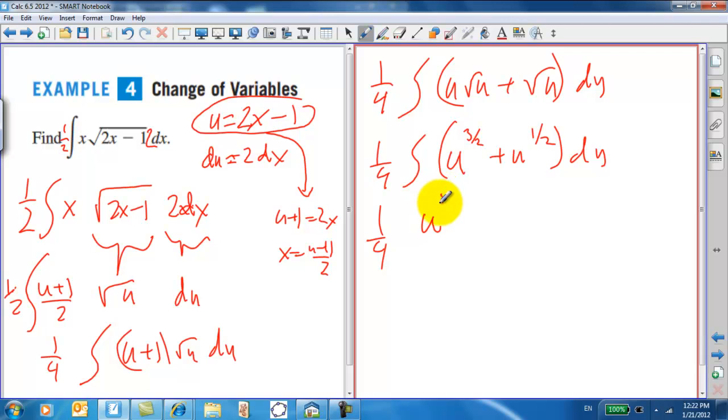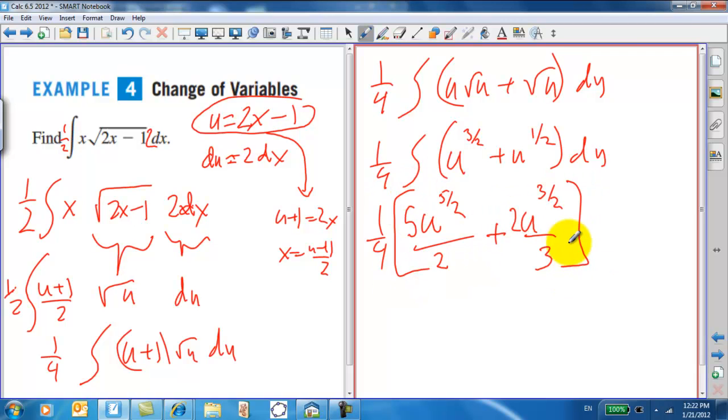And now we can take the antiderivative. U to the 5/2 over 5/2, I'm just going to write that as 5 over 2 like that, plus u to the 3/2 over 3/2, so we put the 3 down here and the 2 up here, plus our constant of integration. So we have 5u to the 5/2 over 8 plus 2u to the 3/2 over 3 plus c.